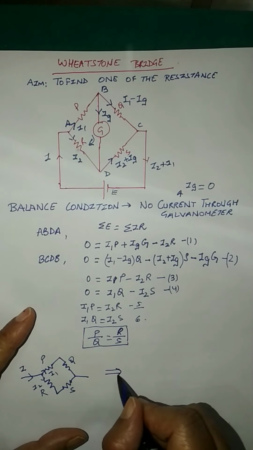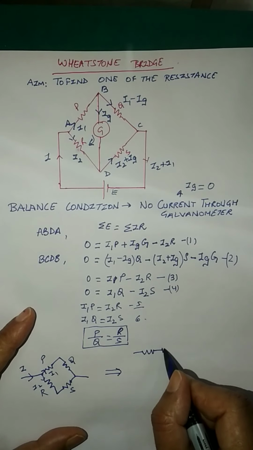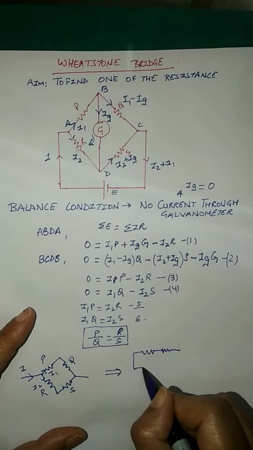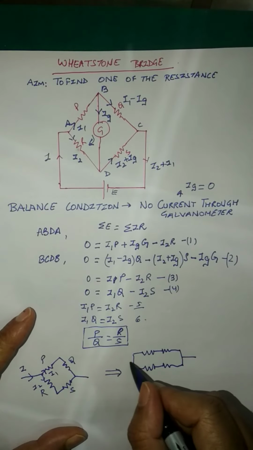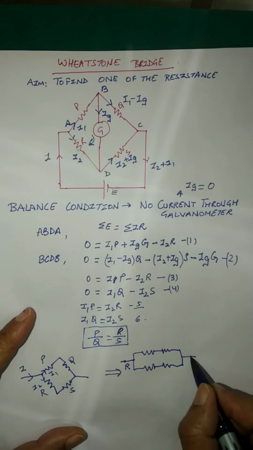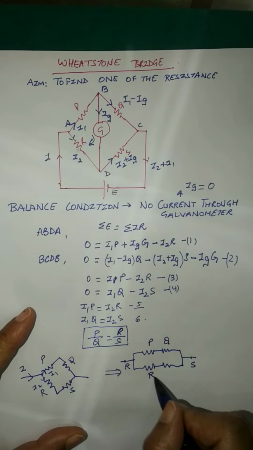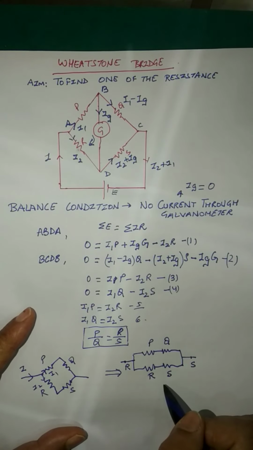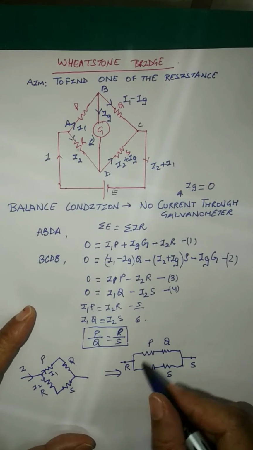So my circuit will be something like this. P and Q are in series, and R and S are also in series, and the two are in parallel with each other. Okay, so say that this is P, this is Q, and this is R and S. So when the Wheatstone bridge is balanced, your circuit will reduce like this.